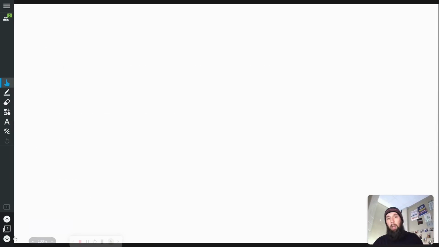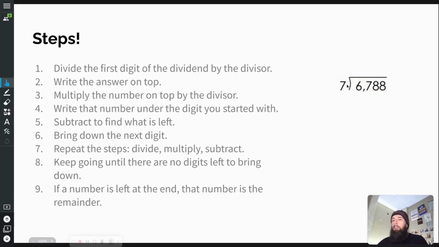So, how do I do it? Well, we are going to do this problem. And first, we're going to divide the first digit of the dividend by the divisor. This is the divisor. Okay, that's the dividend. Now, you basically ask yourself, how many times does 7 go into 6? Well, 7 doesn't go into 6.